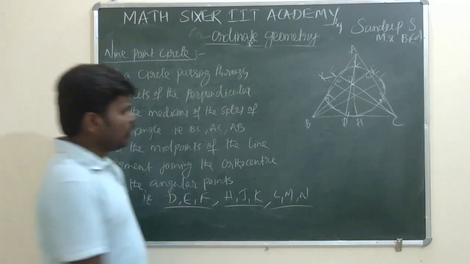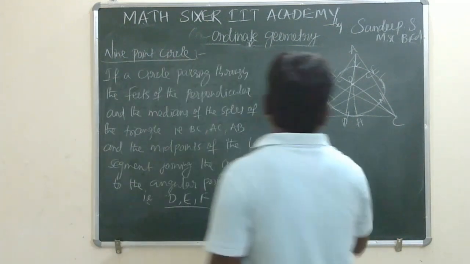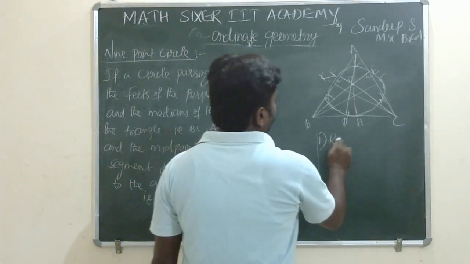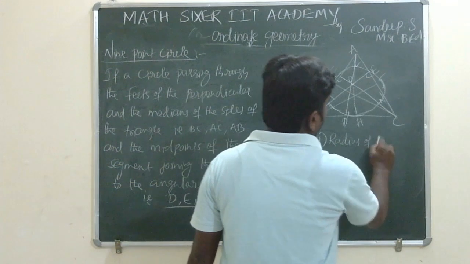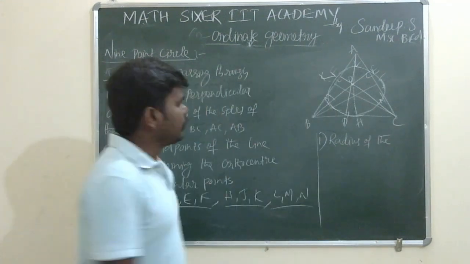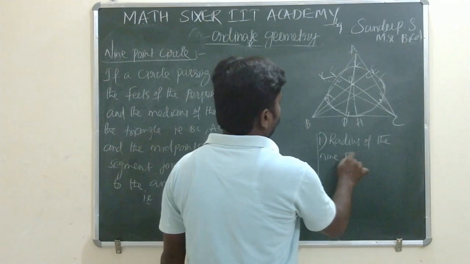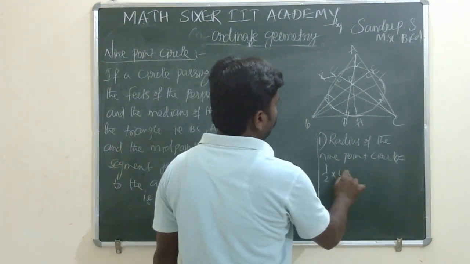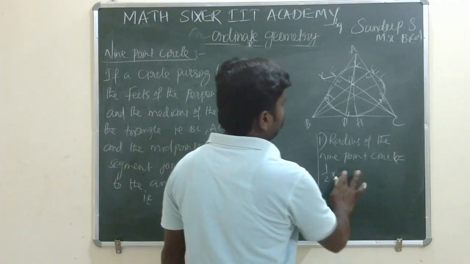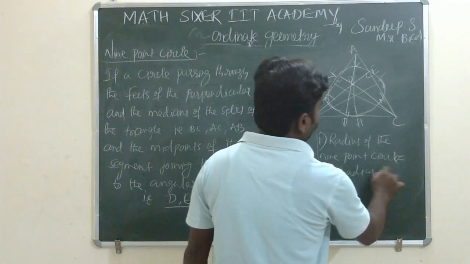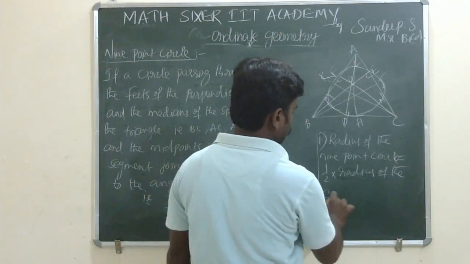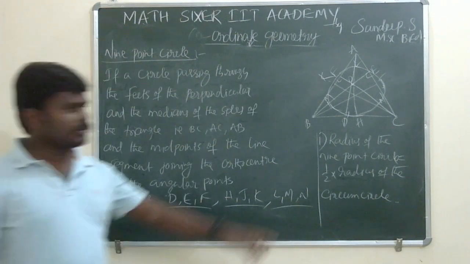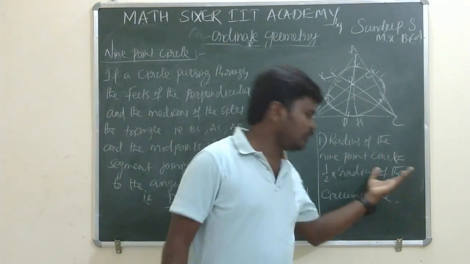Now we have some important points here. The radius of the 9-point circle is equal to half of the radius of the circumcircle.